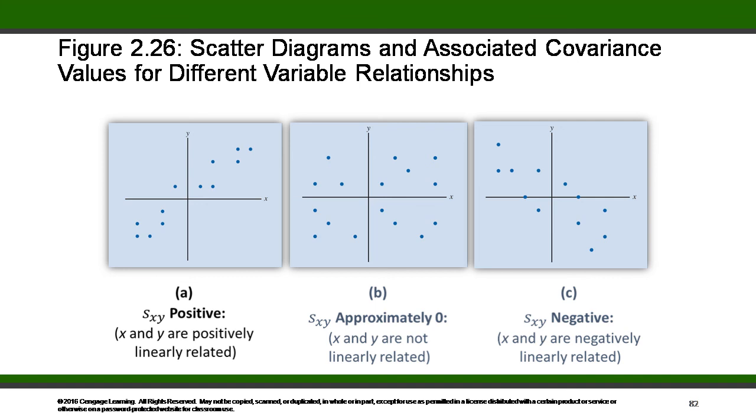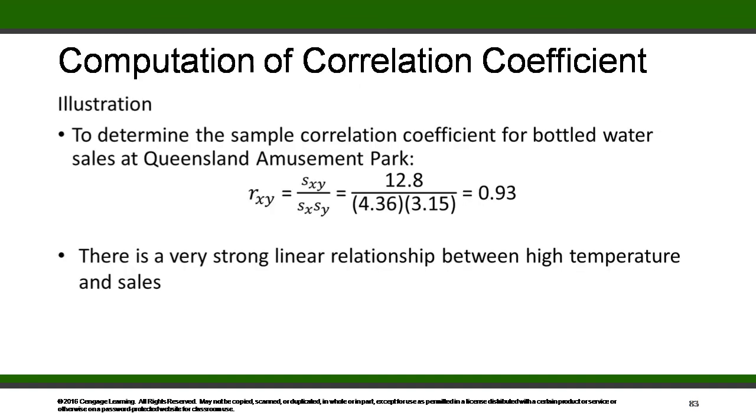Example: to determine the sample correlation coefficient for bottled water sales at Queensland Amusement Park, we have this formula. S sub xy is 12.8 all over S sub x, which is 4.36, times S sub y, which is 3.15, that is a total of 0.93.